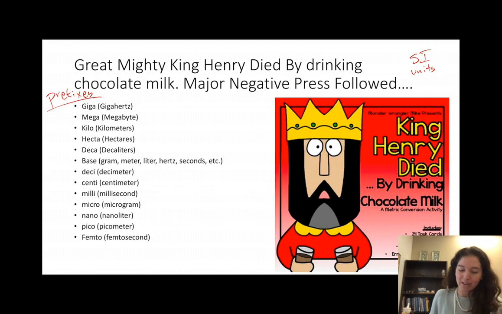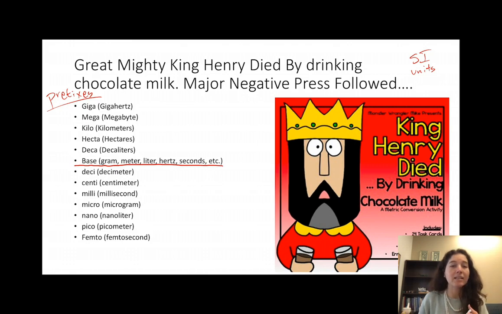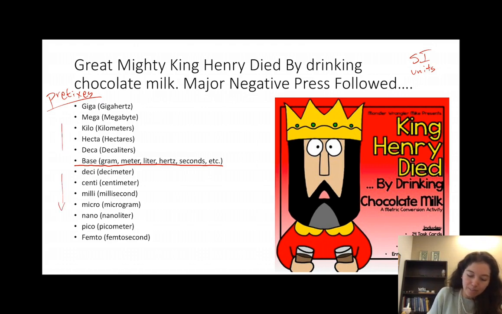So we have different prefixes for different units. So our base unit here in the center is things like grams or meters or liters. And then from there, we have units that are bigger than our base unit and units that are smaller. So these are the smaller ones and these are the bigger ones. So as you get bigger than a meter, you have, let's use liters as our base units, since that's what this one is in.